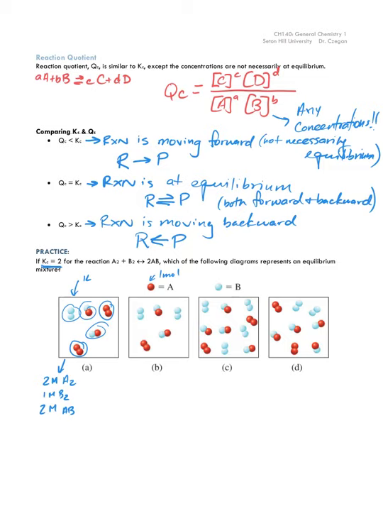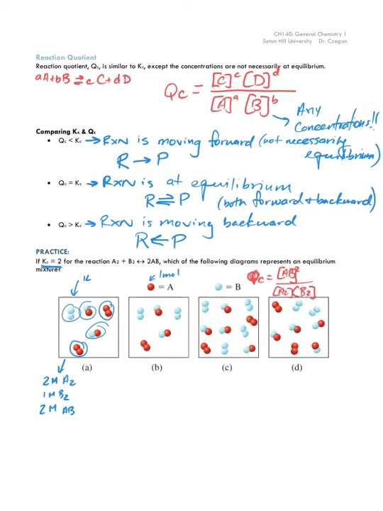So for box A, the expression for this particular reaction, let's write that down here. The Qc expression is the products AB squared over A2 times B2.